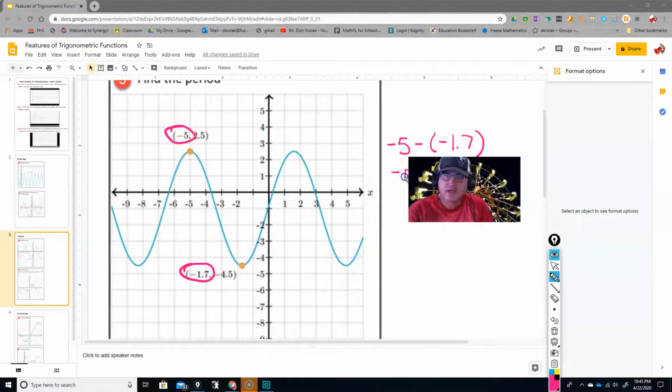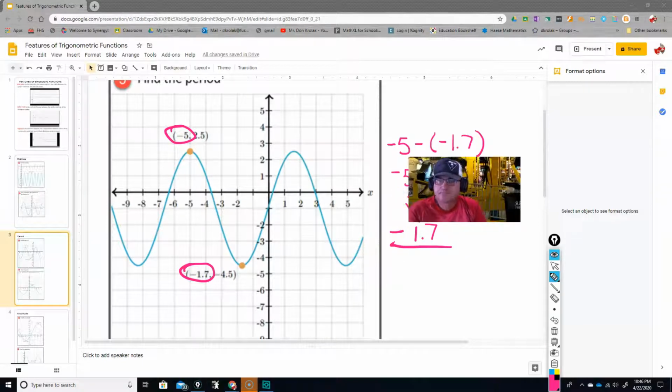So that's really -5 plus positive 1.7, which means I'm going to subtract those two values. And that's equal to -3.3.